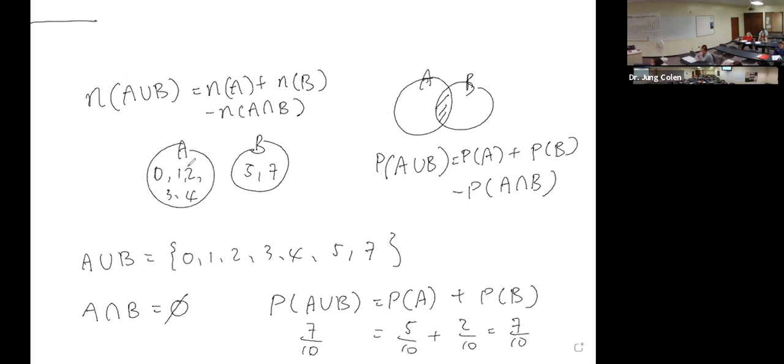This also works for these mutually exclusive ones too. Why? Because this is 0, isn't it? So it's okay if you remember this one and apply it to any Venn diagram or any set. It works. Okay? Any question for that? Okay.